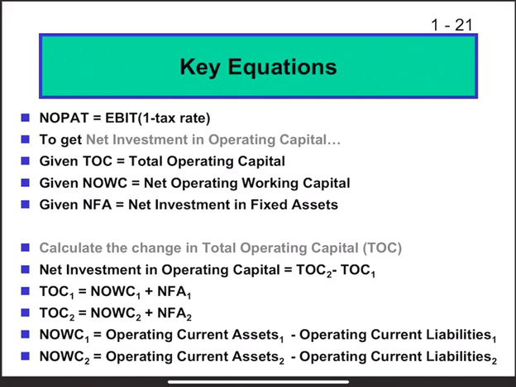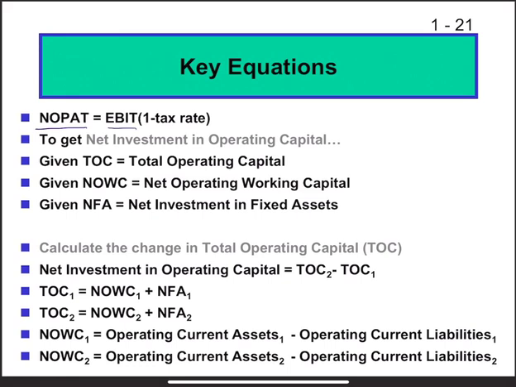So this is the list of the key equations that I just discussed, but they're written out for you. So again, we have the net operating profit after tax, which is equal to EBIT times 1 minus the tax rate.